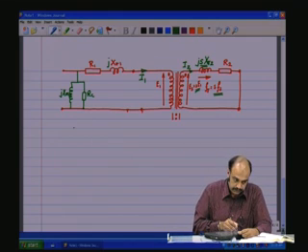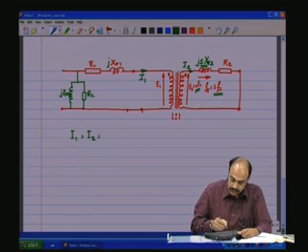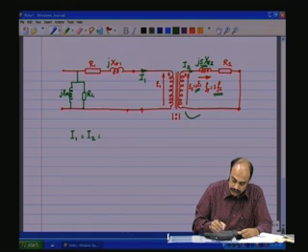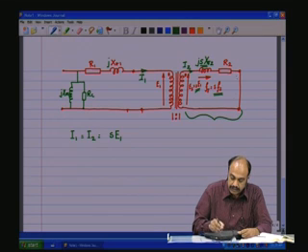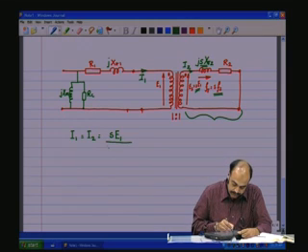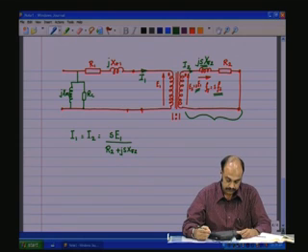So as a result, I1 is equal to I2, and let us look at this portion of the circuit. I2 is given by S E1, that is the source, divided by the impedance, R2 plus jSX sigma 2.